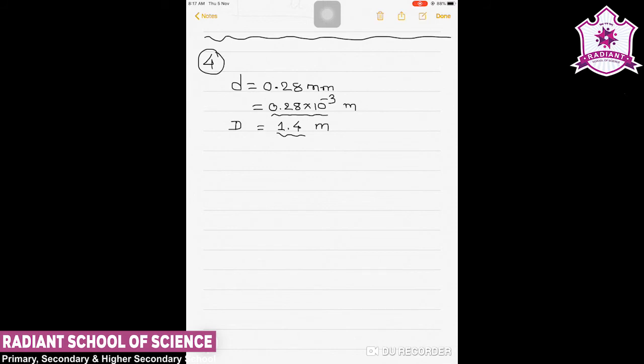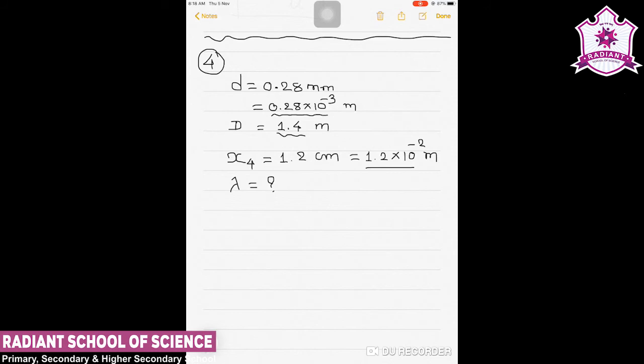So that distance from the central to the bright fringe I give the name x4 on the screen, that is 1.2 centimeter, that is 1.2 into 10 raised to minus 2 meter. Determine the wavelength of light used in the experiment. So we have to determine the wavelength over here.